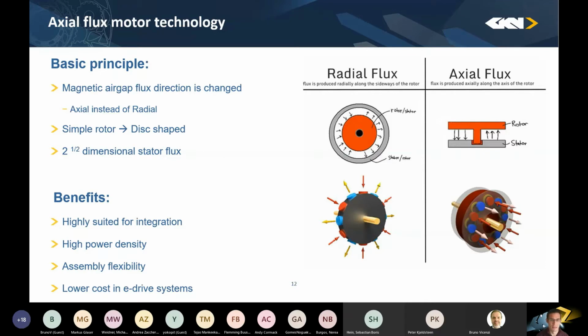This can help a lot there as well. And you are very flexible in assembly by the axial design of the motors. You just have axial assembly processes, which streamlines the manufacturing lines quite well. And in many cases, we already experienced that it also has lower costs at the end in comparison to conventional radial flux motors. And we will see that in the case study later on in some detail, shown on a real case study.